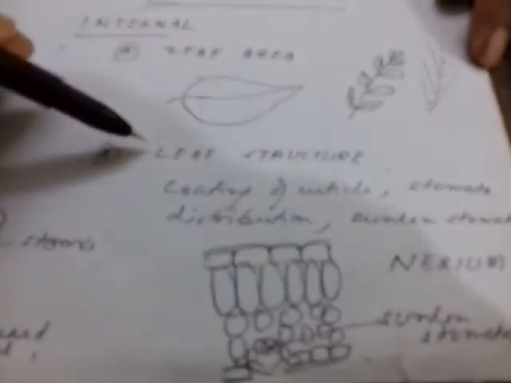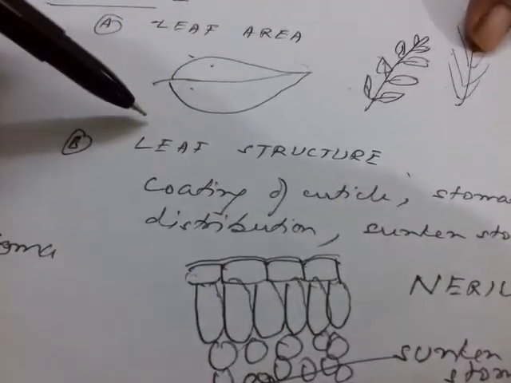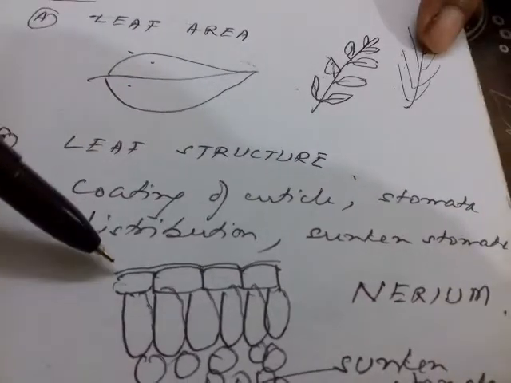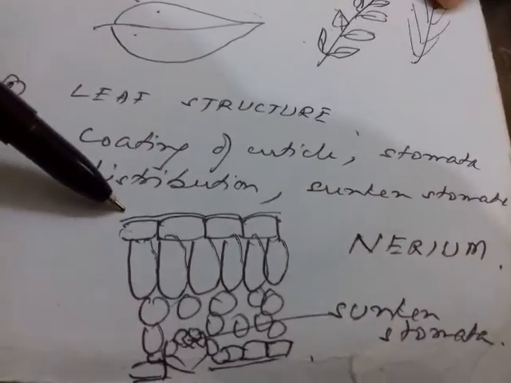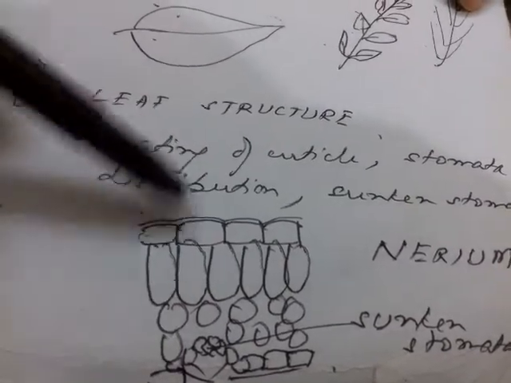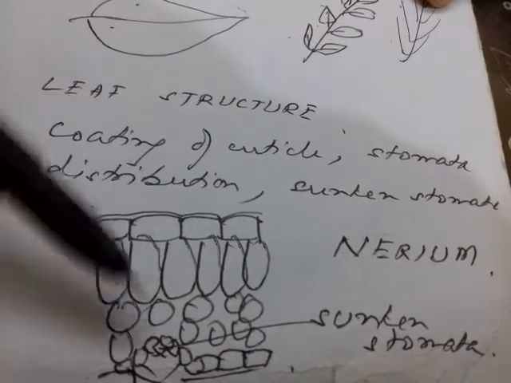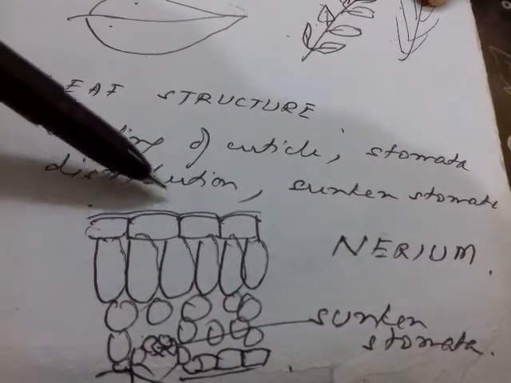The second internal factor which affects transpiration is the leaf structure. In some leaves the cuticle is thicker, like in banyan. In some cases the distribution of stomata is less. In some cases the stomata is sunken, for example in nerium.